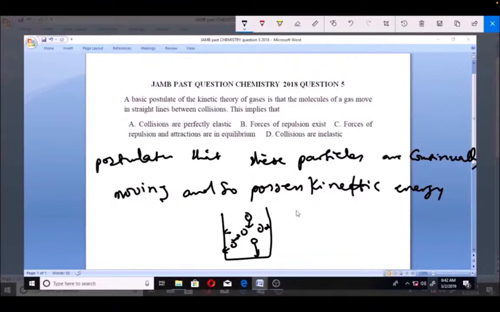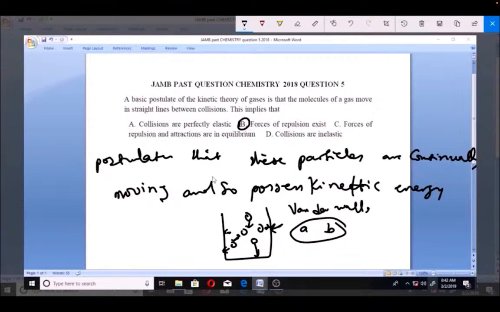So if you check out things like the Van der Waals equation for solving gas movement, you're going to find out that there is a correction due to volume and a correction due to force of repulsion, A and B. So all this tends to point towards these forces of repulsion existing.